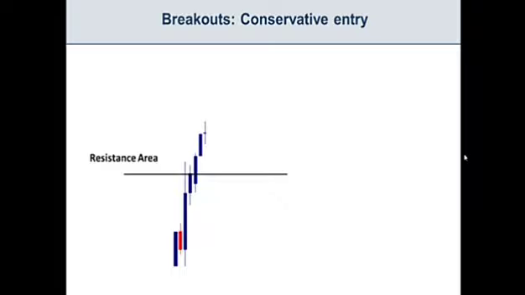But more often than not, price will break through a resistance zone and test it back as support, as well as breaking out of a support zone just to come back and test it as resistance. Now, the conservative entry is to wait for price to test back this resistance area as support, like in this case, and then go long after we get confirmation that support has held.